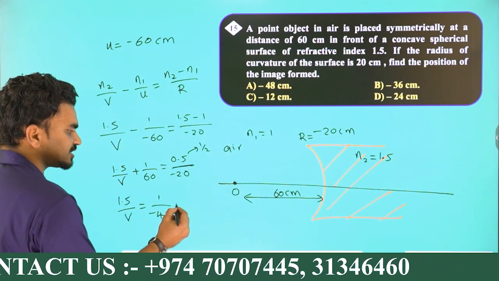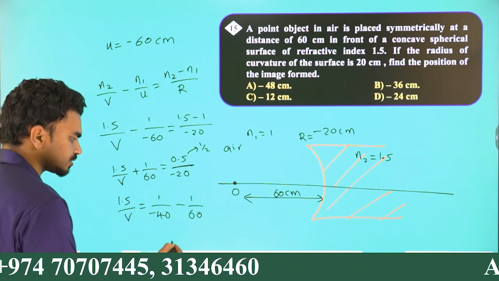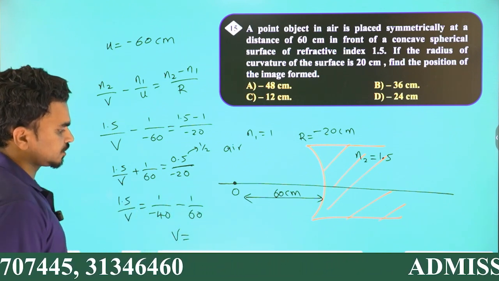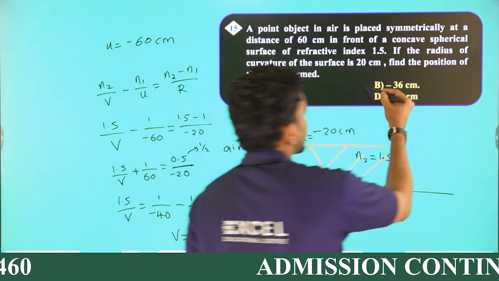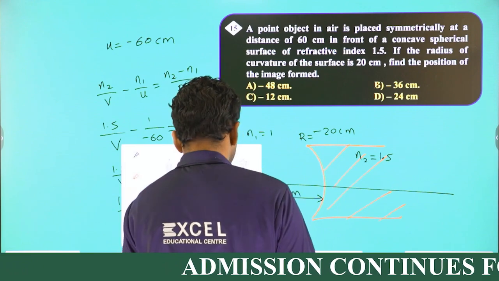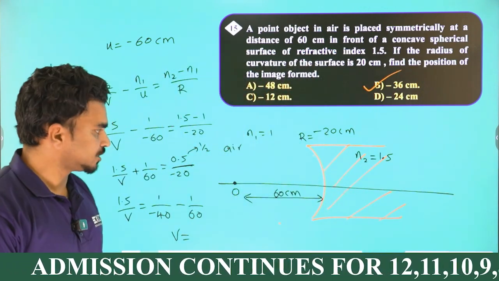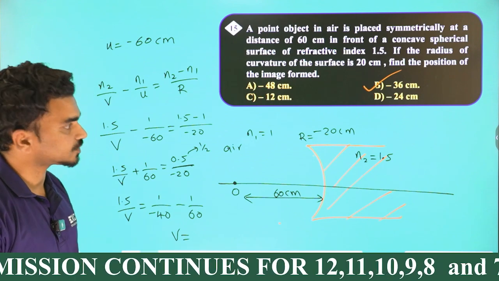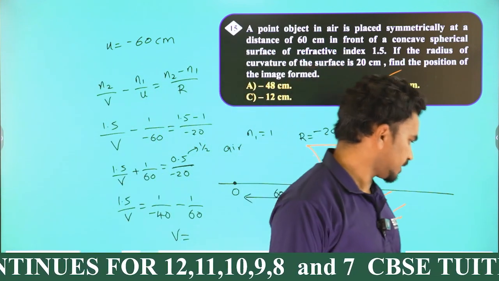Then plus 1 by 60 goes to the other side and becomes minus 1 by 60. Solve this and you will get the V value around minus 36. Check it out, you will get the answer minus 36. You got the idea, right? This was one illustrating example of refraction of light through a curved surface.